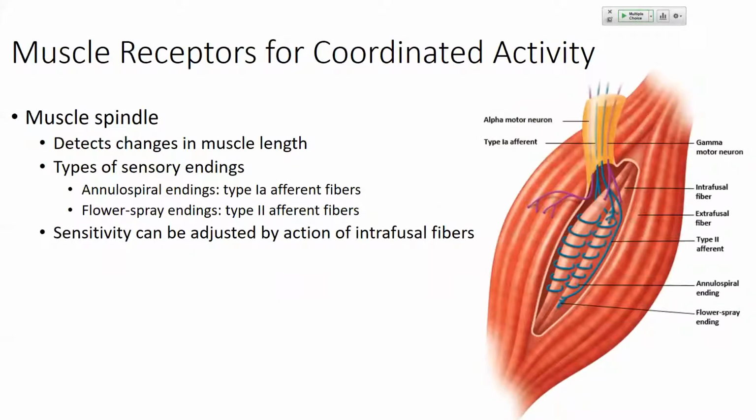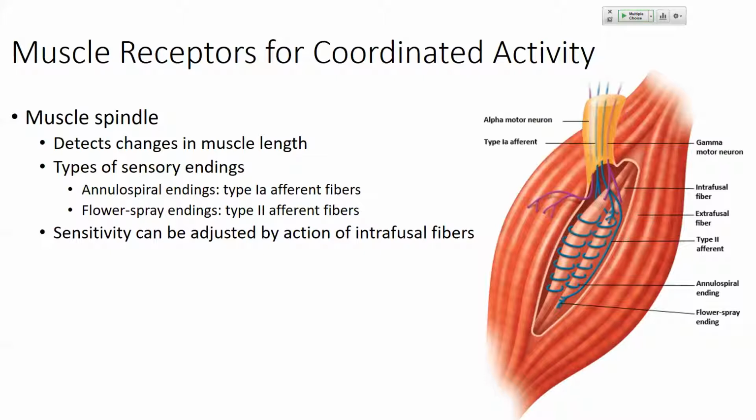When you look more closely at the spindle, it's associated with the annulospiral ending and the flower spray ending. Now, a lot of students usually get tripped up by the fancy words here. These are simply afferent nerve endings, going from the sensory organ to the central nervous system.